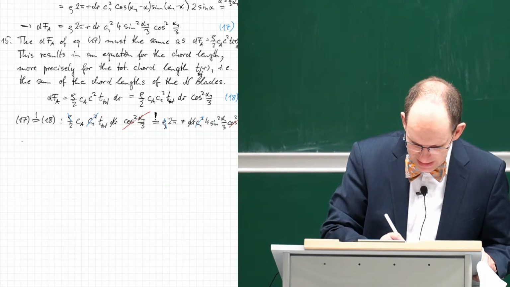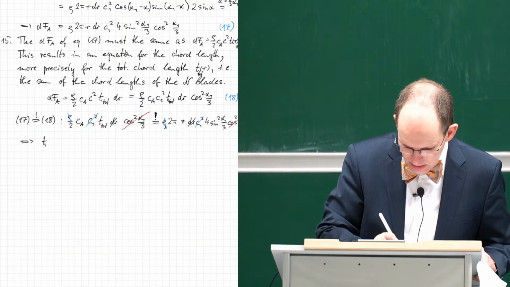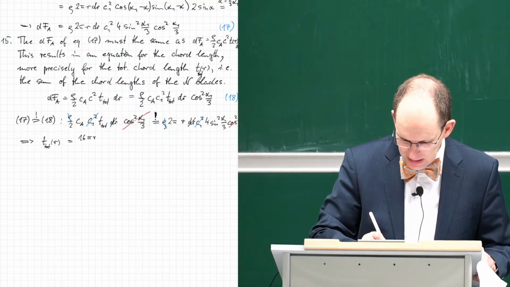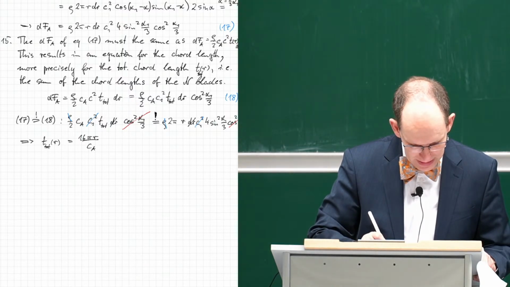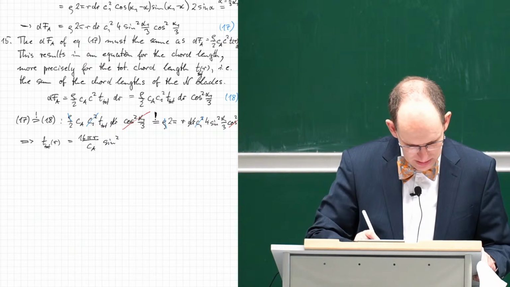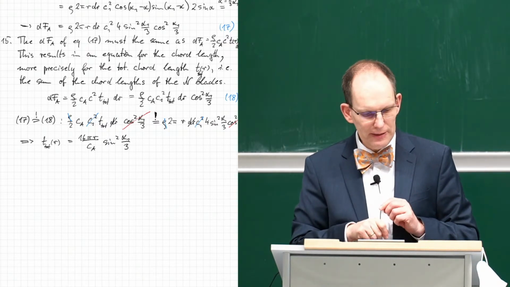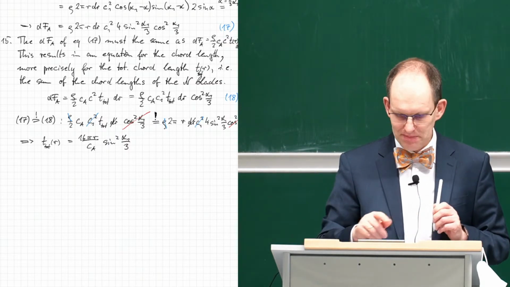Okay, what we get is that the total chord length as a function of r is equal to 16 pi times r divided by Ca times the sine squared of alpha 1 over 3. Right? Nice, isn't it?